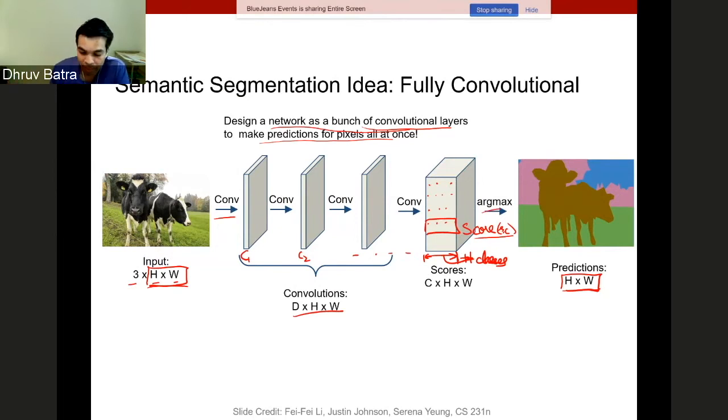I can apply softmax at every pixel, and I can get probabilities. And I can define my loss as negative log predicted probability of y gt at this row, column, and I can just sum this over all rows and columns.